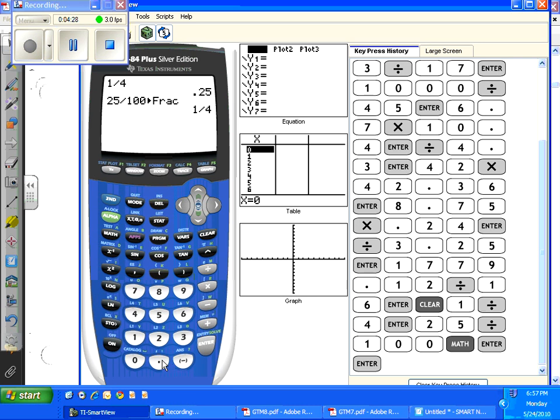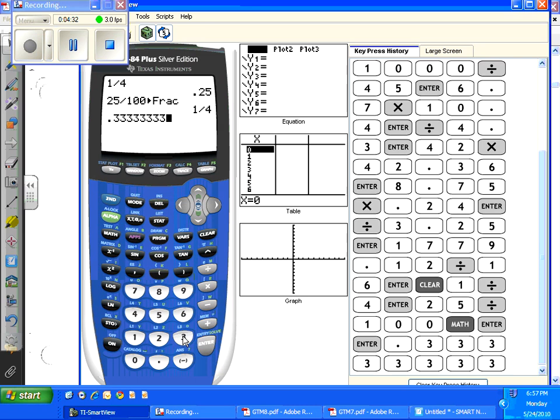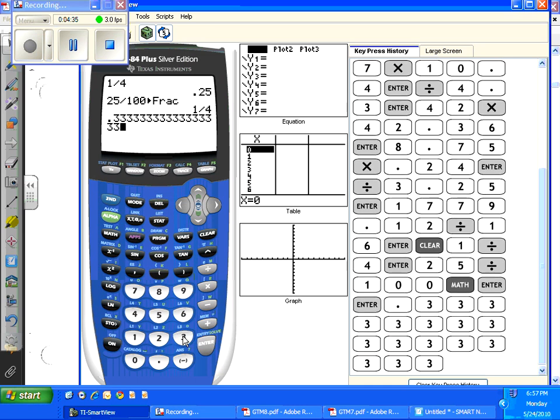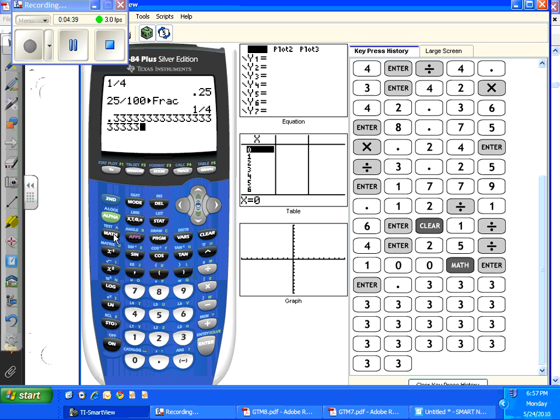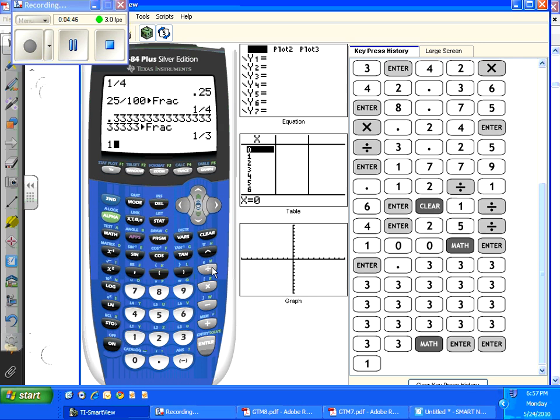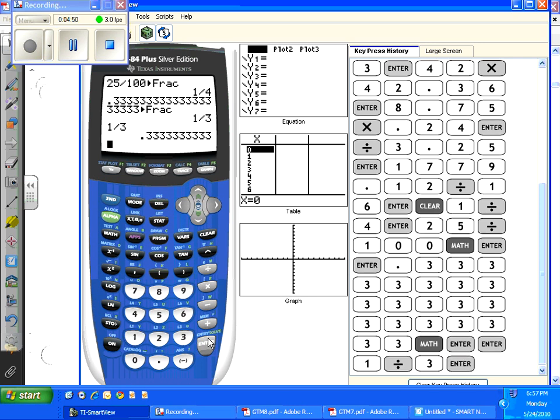But what about a decimal like 0.333333333333333, a repeating decimal? For the calculator to recognize it repeats, we need to go over a line. And so we'll turn that into a fraction, and it says a third. Well, how did it know that? Let's double check. 1 divided by 3, 0.3 repeating.